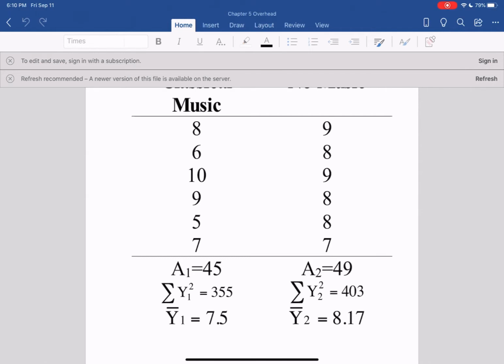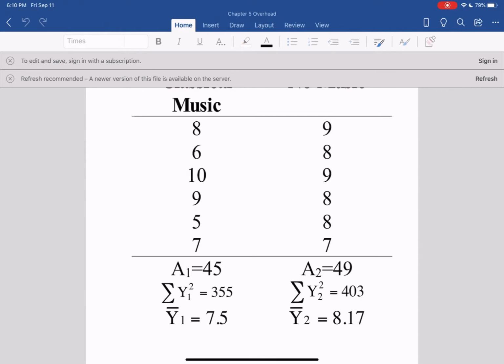So the 355 for group 1 you would get by taking 8 squared, which is 64, plus 6 squared, which is 36, plus 10 squared, which is 100, plus 9 squared, which is 81, plus 5 squared, which is 25, plus 7 squared, which is 49. If you added them all up, you would get 355.